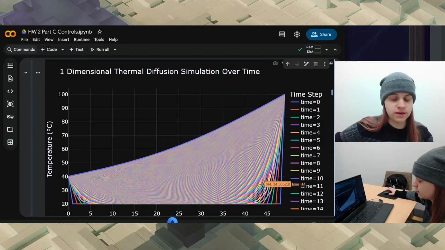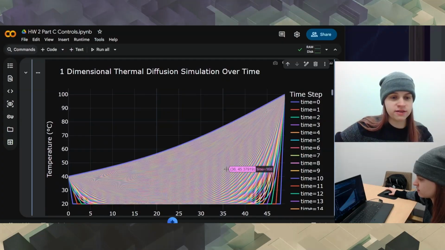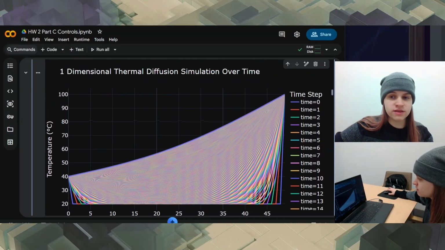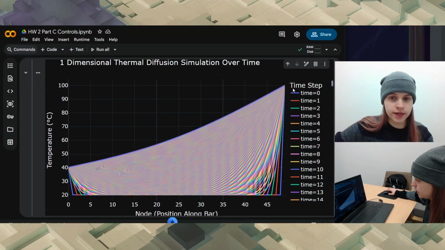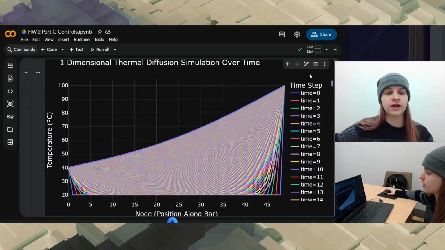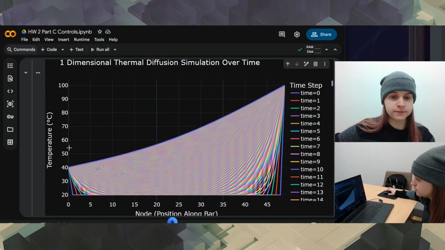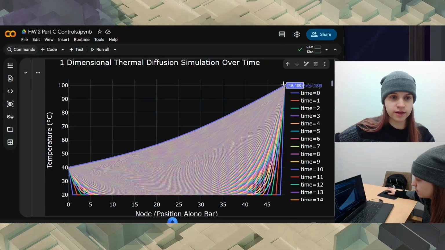As you can see, there's a lot going on here, almost just too much for us to see. But what we can see is we set the left-hand side and the right-hand side of our bar to the correct temperatures, because the whole time this left bar is at 40 and the rightmost one is at 100.